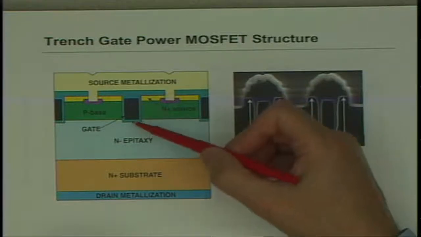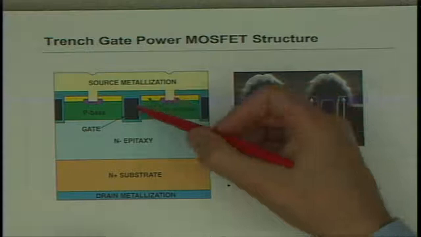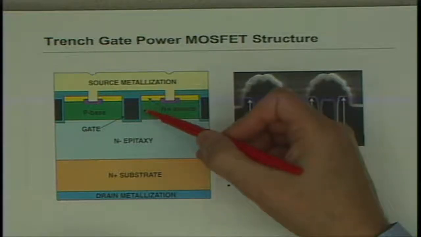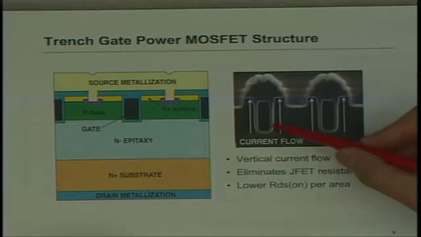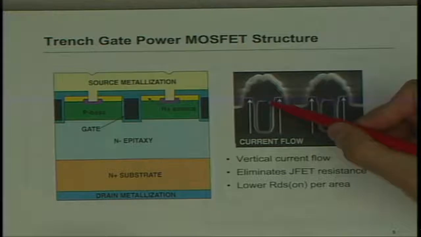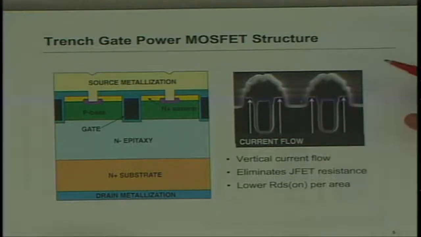So it becomes expensive. So in order to reduce cost, make more effective use of silicon, about 10, 15 years ago, there was a development where the gate, instead of being horizontal across the top, becomes a vertical trench. And this is a classic trench MOSFET, as they're called. You can see in the cross section here, this is the gate that's fabricated in an etched trench on the surface of the silicon.